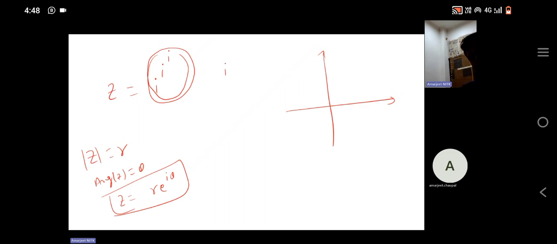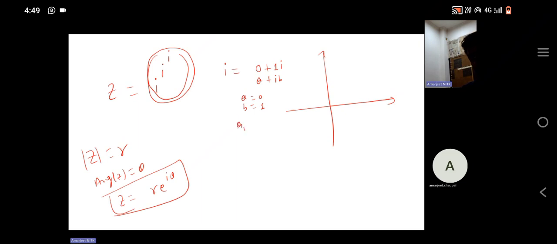See, this is iota. You can write this iota as iota equal to 0 plus 1 times iota. So if you compare this with a plus iota b, what we will get? a equals 0, b equals 1.